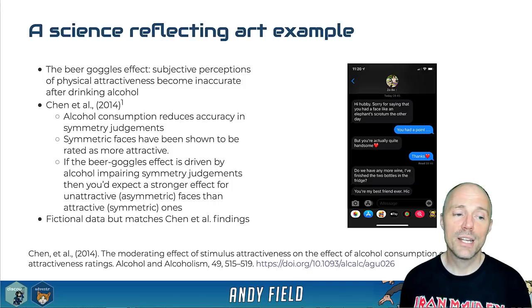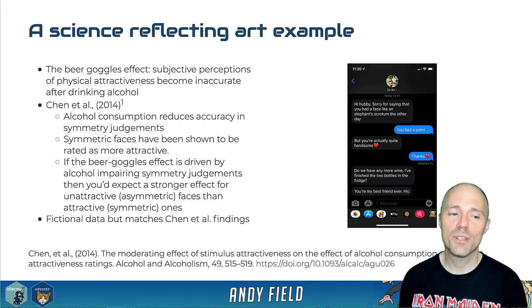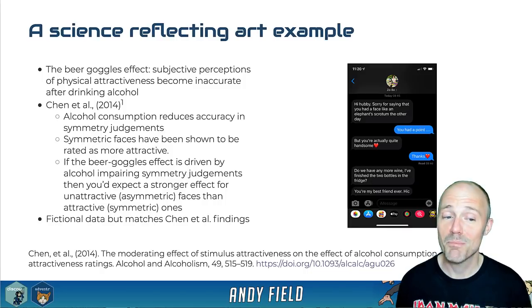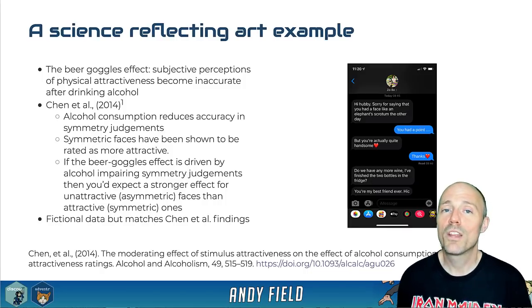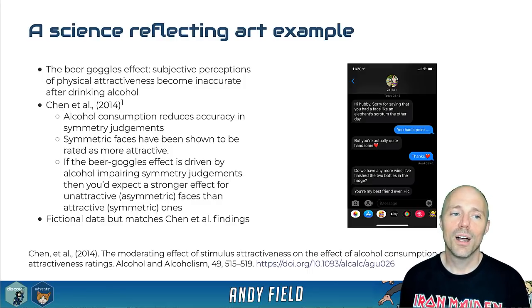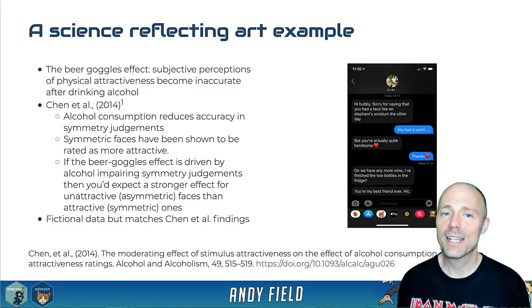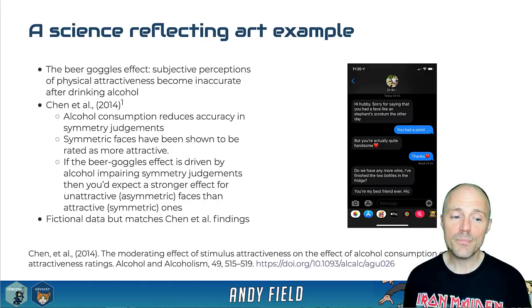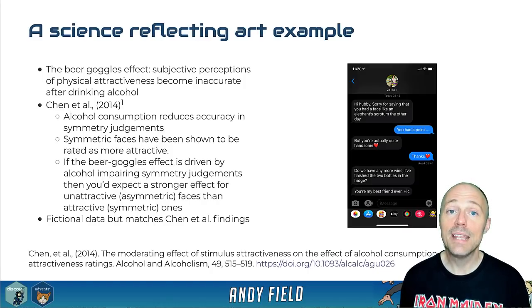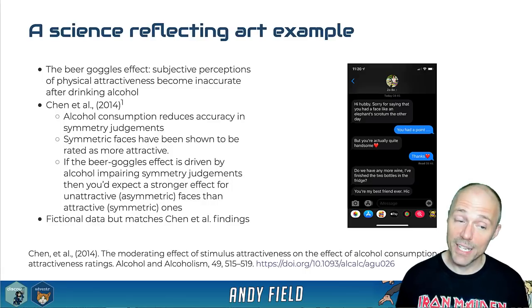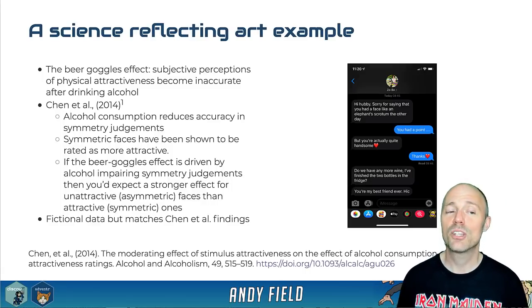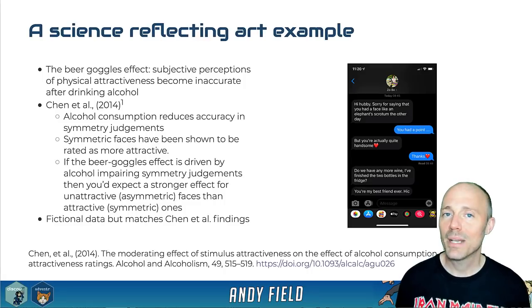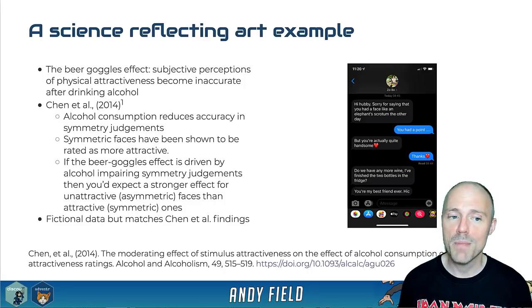So their rationale was if the beer goggles effect is driven by alcohol impairing symmetry judgments, then you've got a kind of mechanism in play. One of the reasons why your perceptions of attractiveness are affected by alcohol is because your symmetry judgments are impaired. The data in this example are fictional, but they match the findings of the Chen et al. study. I couldn't get the actual data, but basically I've fabricated data that sort of mimics what they found.